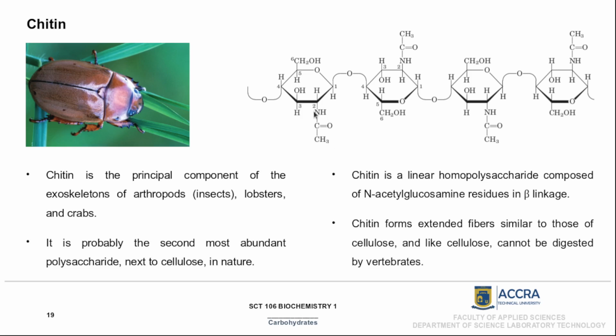So we have N-acetylglucosamine being the monosaccharide unit of chitin. Again here, these monosaccharide units are bonded together by beta-1,4 linkages, and thus if ingested by vertebrates, chitin cannot be digested by vertebrates to give them energy.